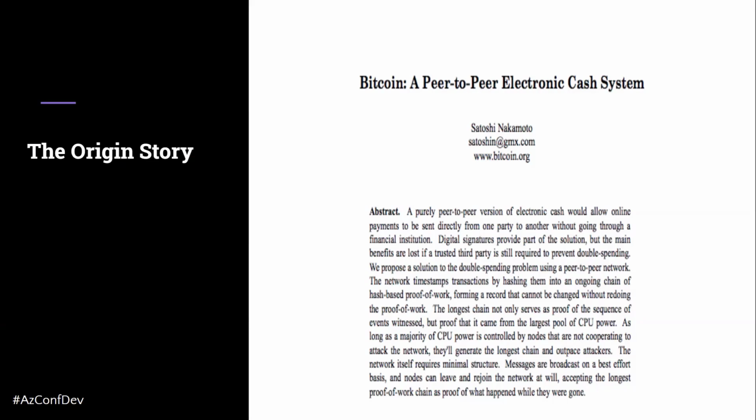That is where the idea of a decentralized financial ecosystem came about, when a paper known as Bitcoin, a peer to peer electronic cash system, was released in the year 2009 by an author or a group of authors known as Satoshi Nakamoto. This is the first ever paper that solved the double spending problem with respect to digital currency.